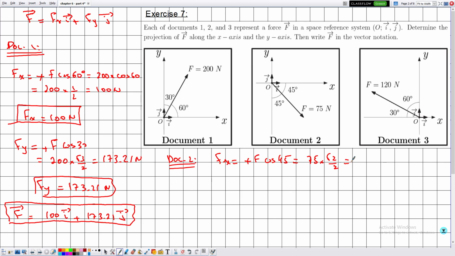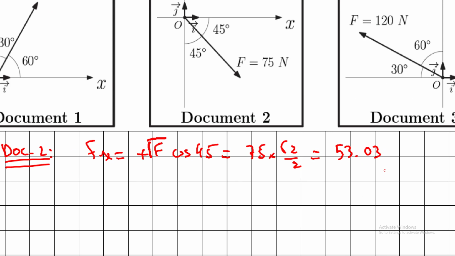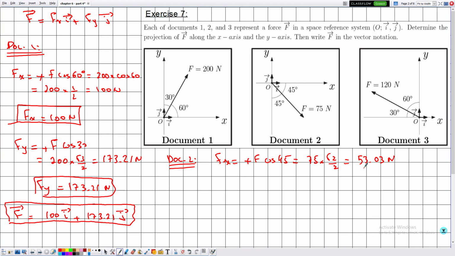So plugging this on the calculator, then it's given by 53.03. Since F is expressed in newtons and the cosine is unitless, so the value of Fx is in newtons.